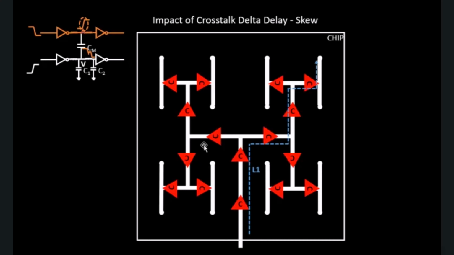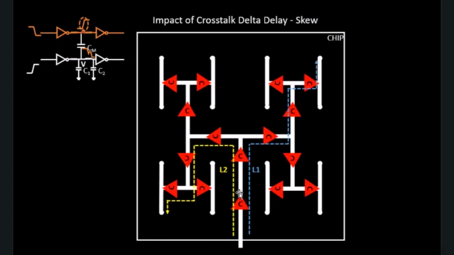And let's take any other point on the system. Let's say this one. Let's call it L2, and the latency of L2 along this particular wire is 1 2 3 4 5 buffer delays and 1 2 3 4 5 6 net delays.